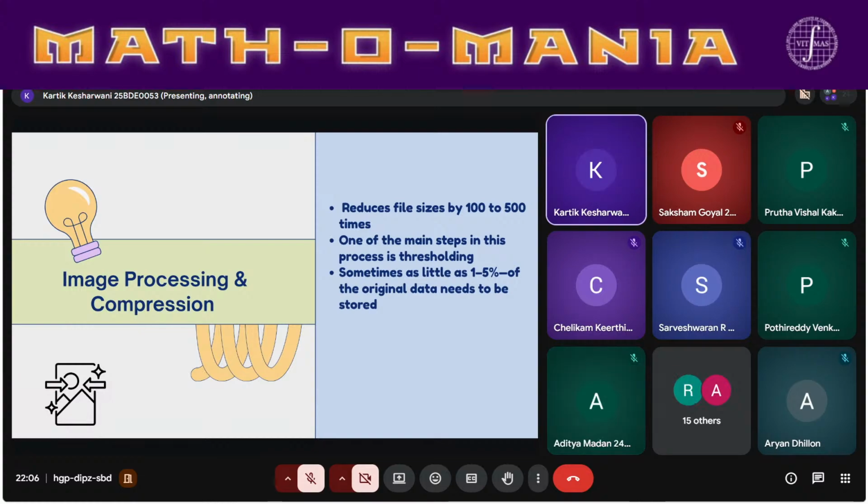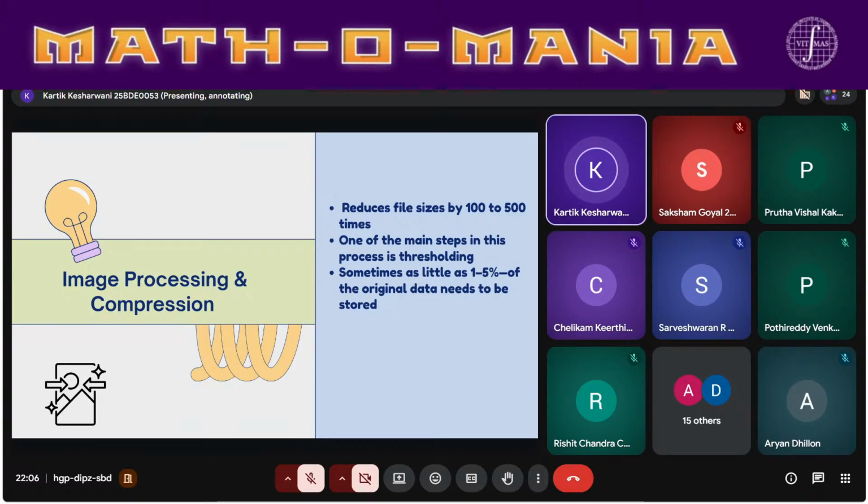On the other hand, if the goal is to highlight edges or enhance sharpness, a high pass filter can be applied to retain high frequency components while reducing the low frequency background. This makes edges and fine details more prominent.